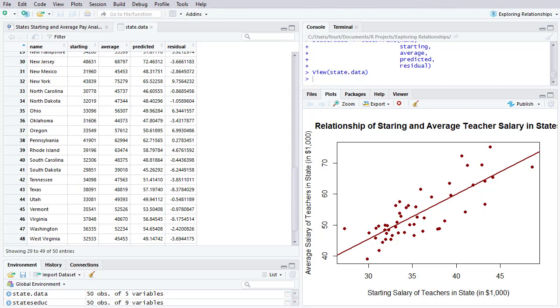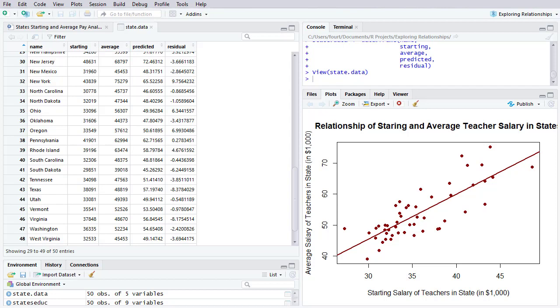We also studied residuals to help us select interesting cases that we might want to investigate further. We saw how we can focus on a single state of interest and look at predicted values and the residual to better understand that state. With this example, we wrap up, at least for now, our study of how to analyze a bivariate quantitative relationship.